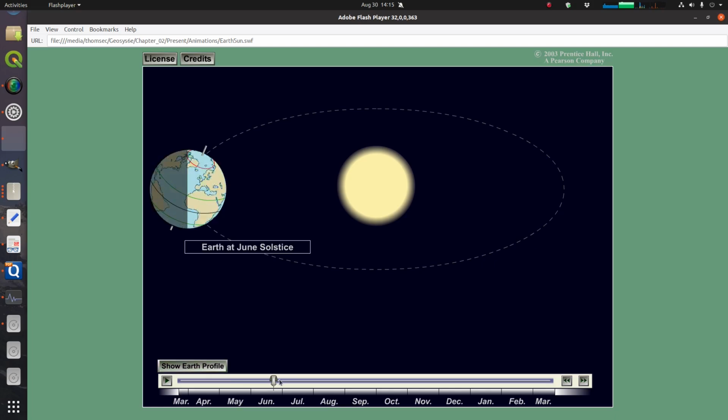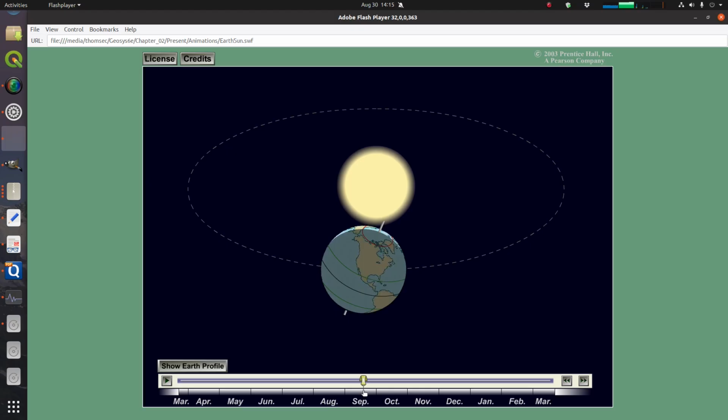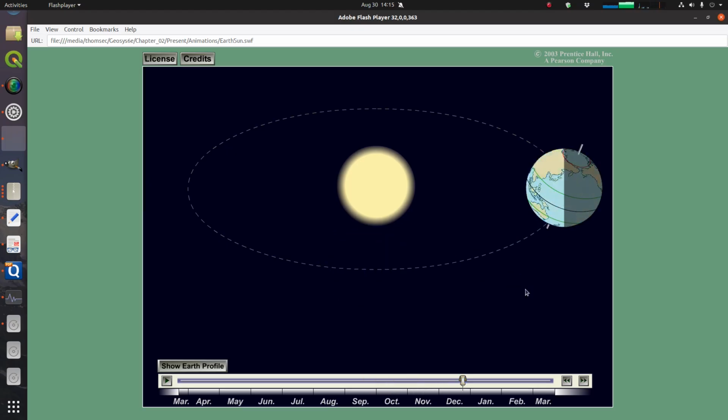The other aspect is called axial parallelism. You can see right now it looks like the axis is pointing to the upper right. In June, September, the axis is still pointing to the upper right, and in December, it's still pointing to the upper right. In reality, it's pointing at a star that we call the North Star, also called Polaris. In 13,000 years, Earth's axis will be pointing in a different direction.